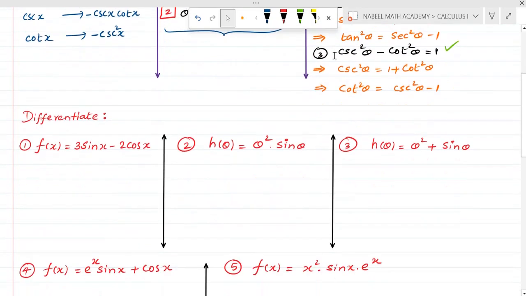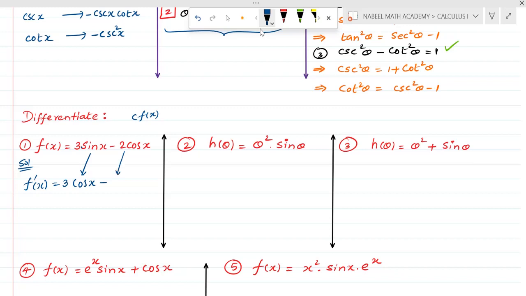Let us go with the first problem here. The first one is to differentiate f of x. So here f prime of x is equal to... 3 is a constant, like c times f of x, so you have to keep it constant. What is the derivative of sine, which is equal to cosine x?